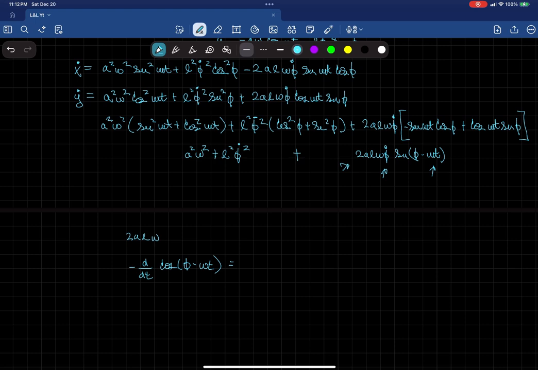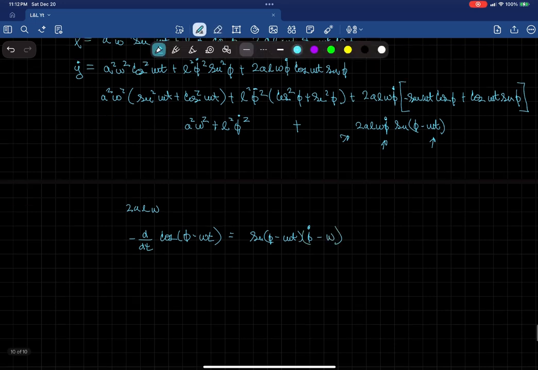So, taking the derivative of this, I get sine phi minus omega t times phi dot minus omega.